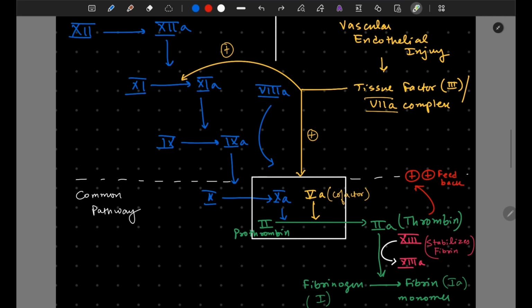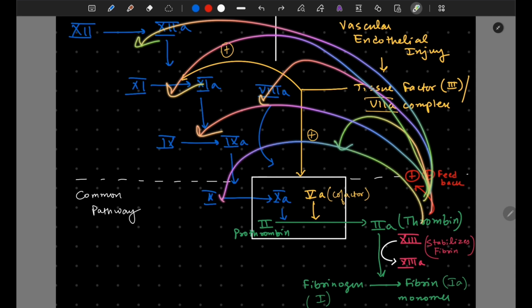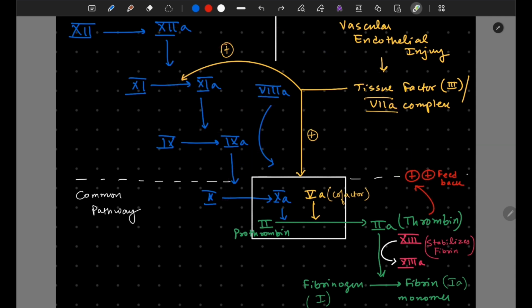After the activation of prothrombin into thrombin, which is 2a, this thrombin will act as a positive feedback. Positive feedback means it will itself hit different chains in this pathway and cause activation of every other reaction.